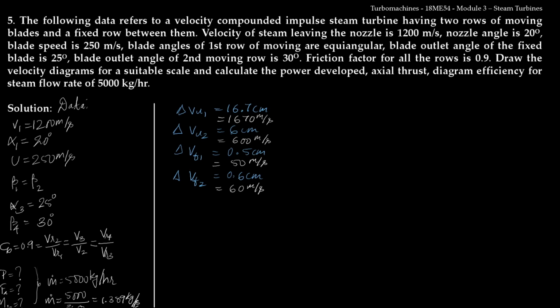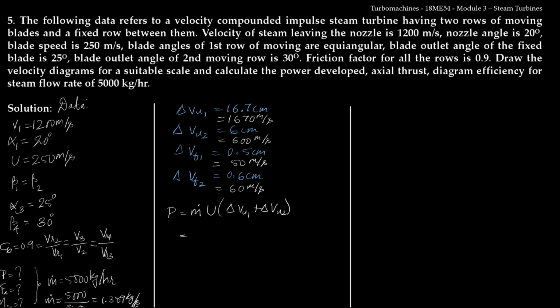Now we have these values. Now we need to calculate the required parameters. So the required parameters are the power. Power is given by m dot into u into delta VU1 plus delta VU2. So this will give us the power.